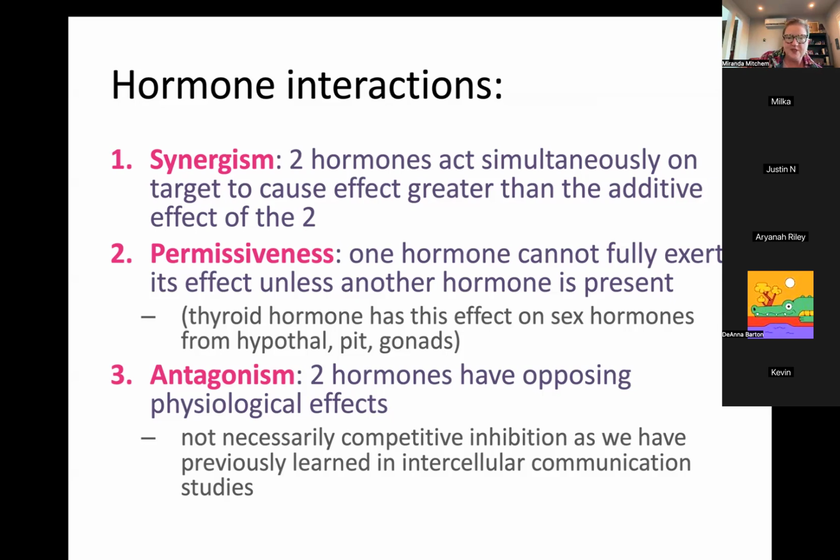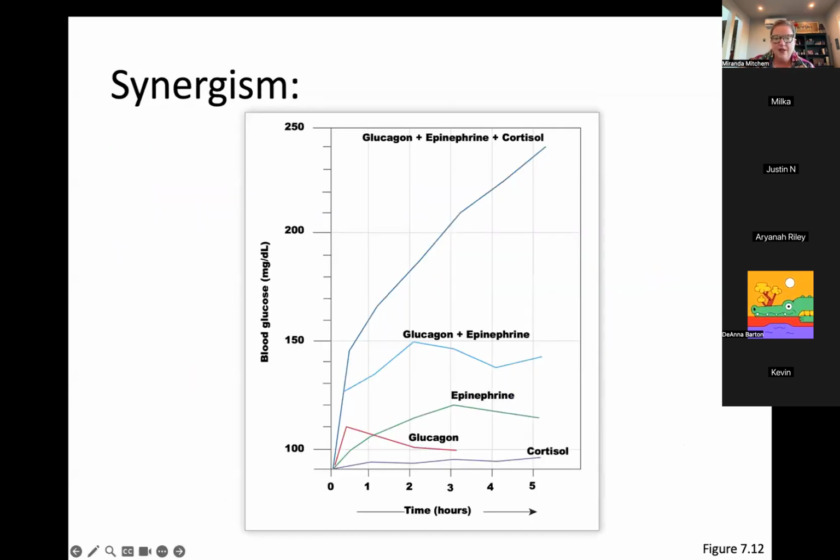So let's look at synergism here. We've got cortisol alone, the axis is time, and we're looking at the response in blood glucose. Cortisol alone doesn't have much of an effect on blood glucose levels. And then we've got glucagon, and it peaks a little bit, but then it goes down and disappears.